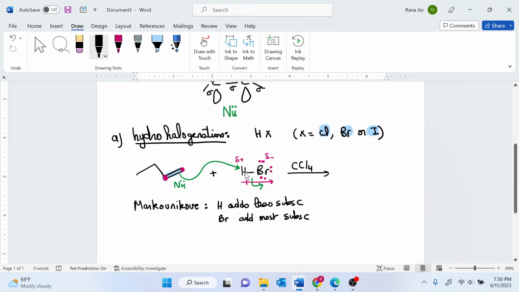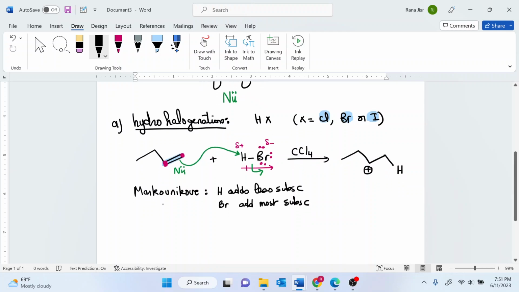So in order to make the most stable carbocation, your hydrogen needs to go to the less substituted carbon here so that your most substituted carbon has a plus charge, is a carbocation. So now I'm going to end up forming a positive charge here and a hydrogen over there.